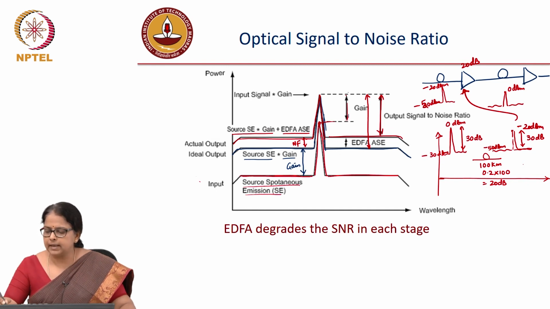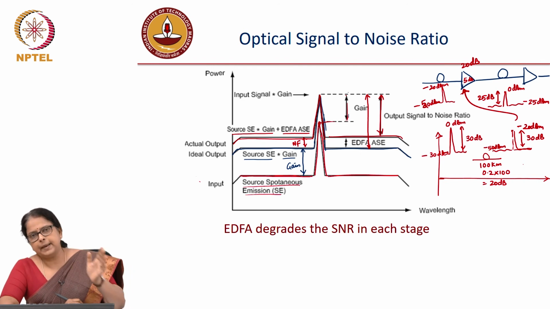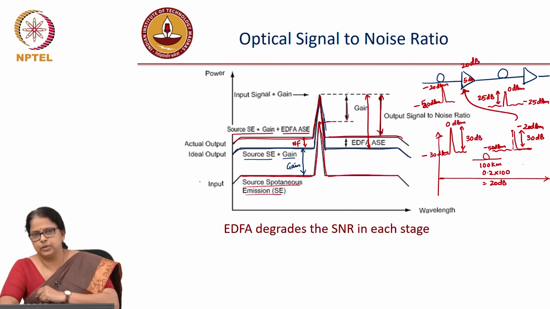All what we are saying is that if the noise figure of the EDFA is 5 dB, instead of minus 30 dBm, you will get minus 25 dBm. So the signal to noise ratio now has become 25 dB instead of 30 dB where you started. Now you keep cascading multiple amplifiers, progressively the signal to noise ratio keeps on reducing.